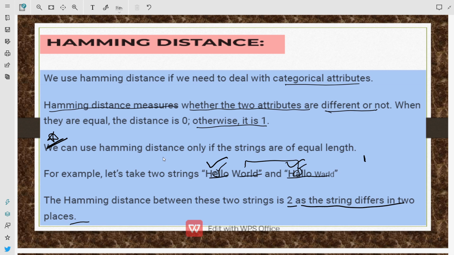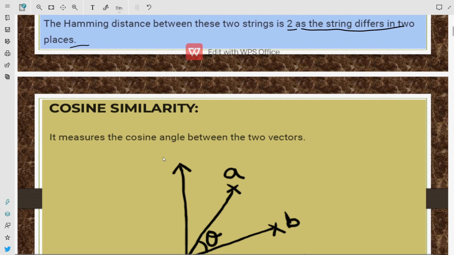Then l matched, o matched, w matched, but then o and a differ. So these strings differ at two places. That's why the Hamming distance between these two strings is 2. This is how Hamming distance works. Hope you got clear about it.